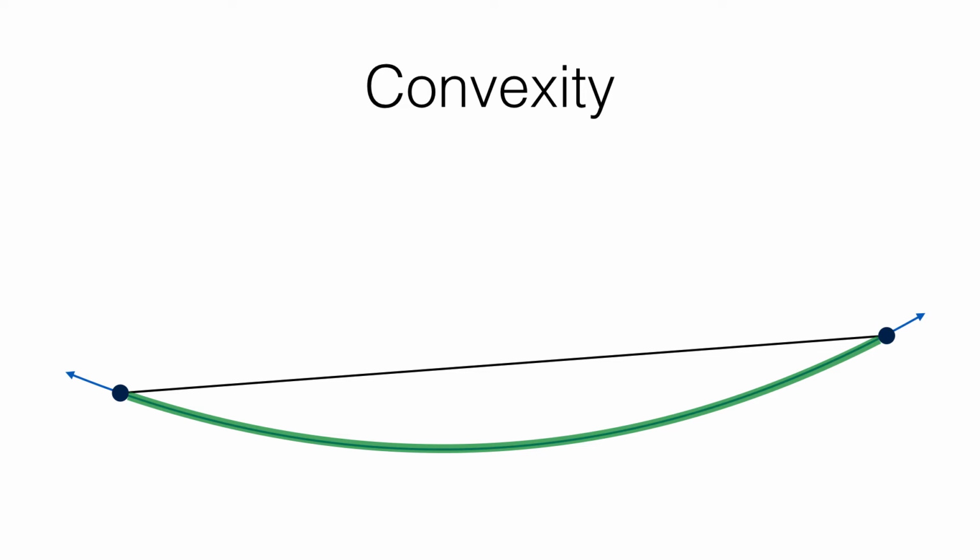So even though I've drawn this for a one-dimensional function, this same idea extends to multi-dimensional functions. And this is the way that it's defined in notation. The function of alpha times x1 plus 1 minus alpha times x2 is less than or equal to alpha times that function at x1 plus 1 minus alpha times that function at x2.